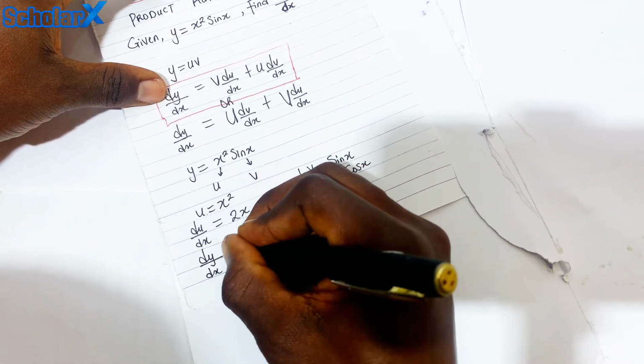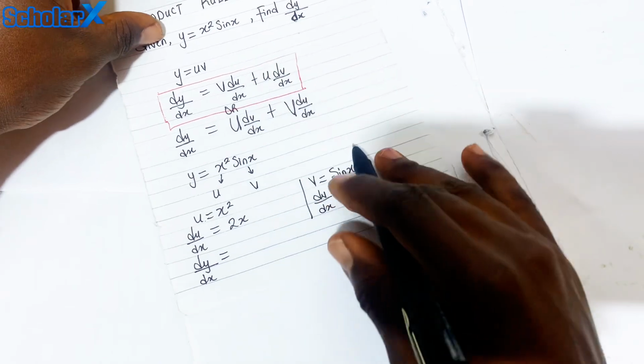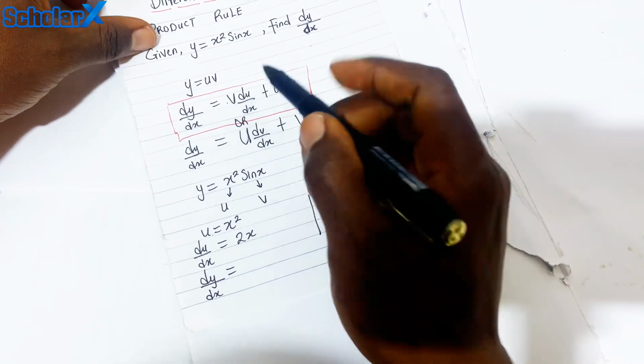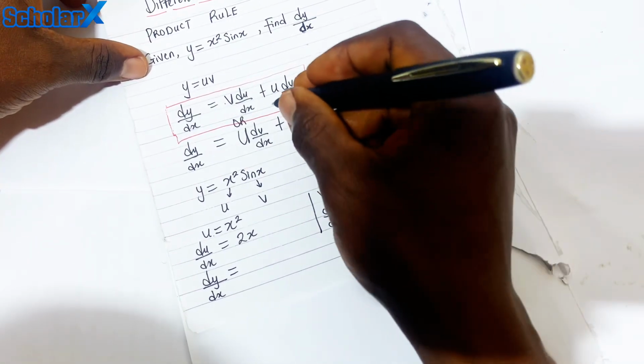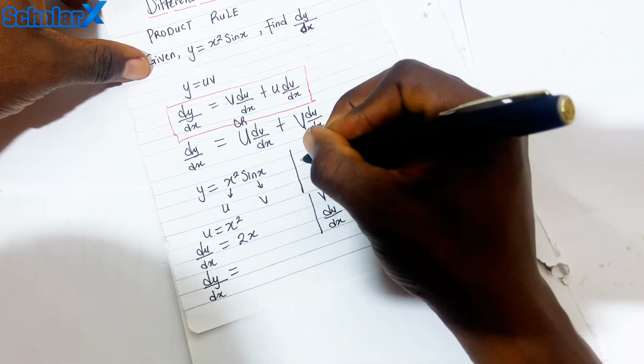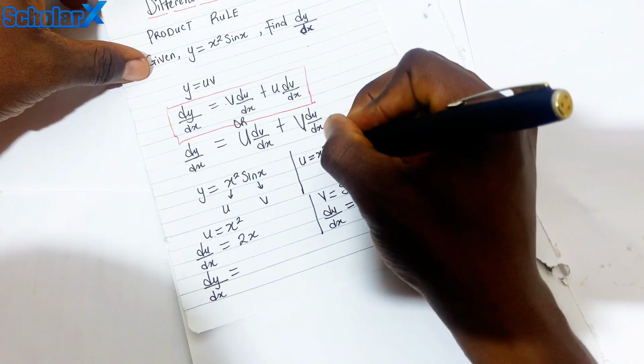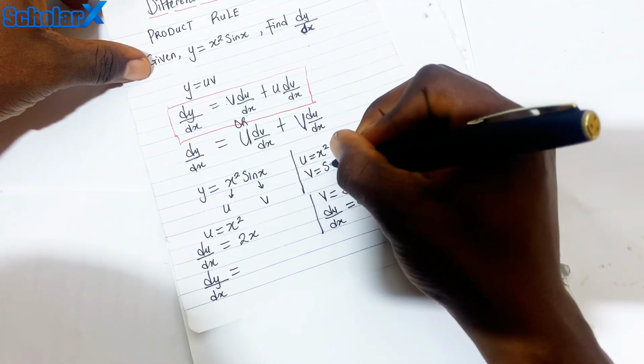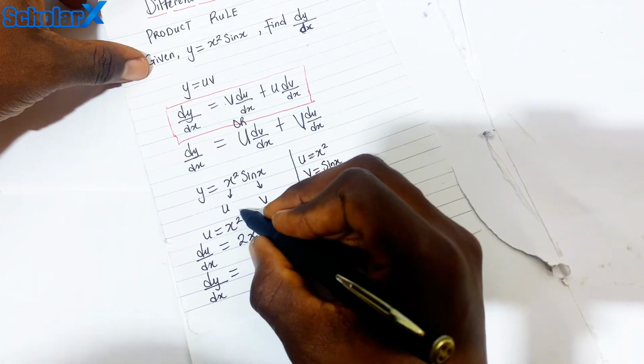Now, finally, our dy/dx, following this formula, it says v du/dx. That means use v to multiply du/dx. We said our u is equal to x squared and our v is equal to sine x, because we took that from here.